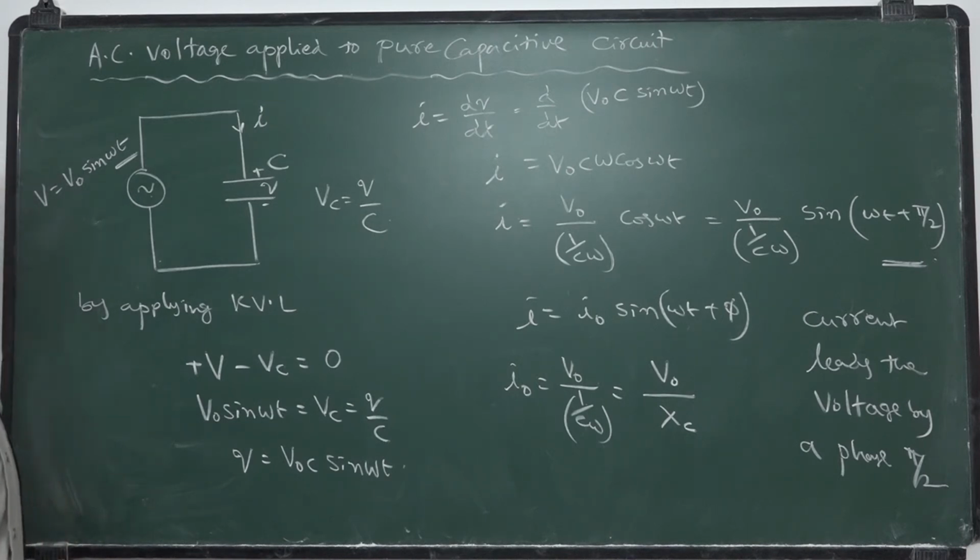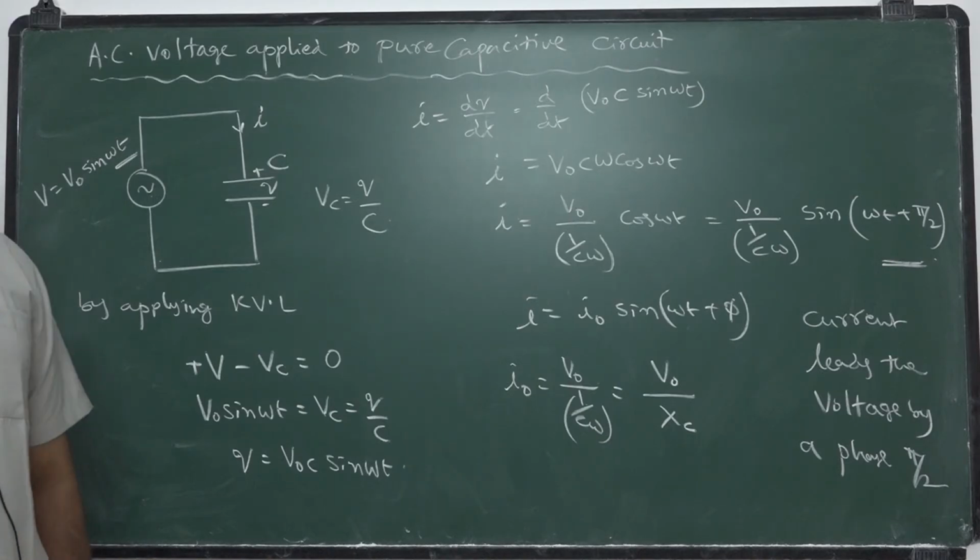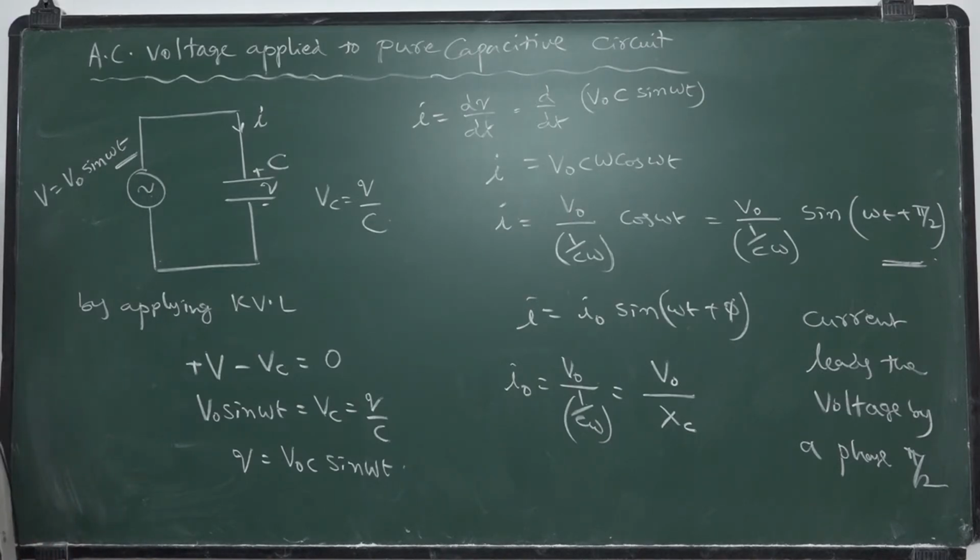If I want to see the diagrammatic representation and values of average power and instantaneous power dissipation in a pure capacitive circuit, we have to follow the similar procedure that we did in the earlier case. Let me do that.